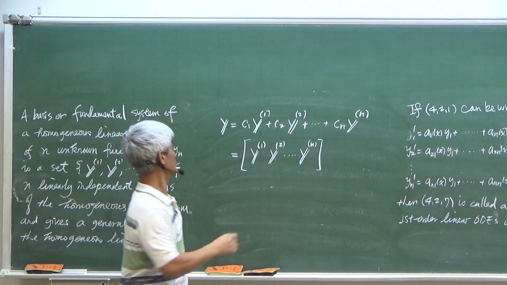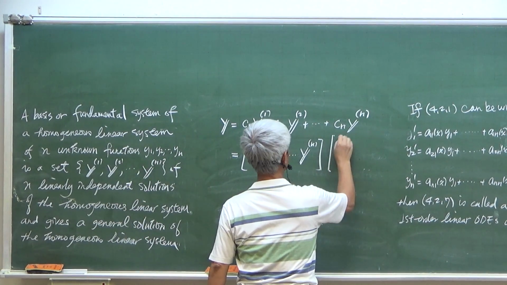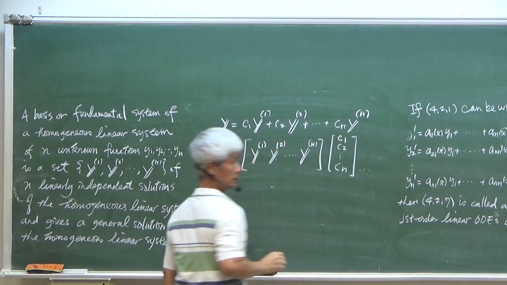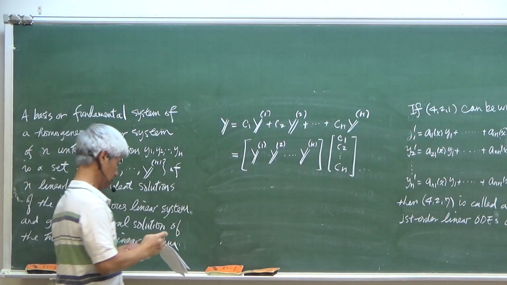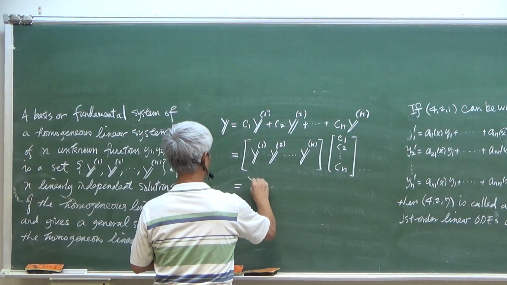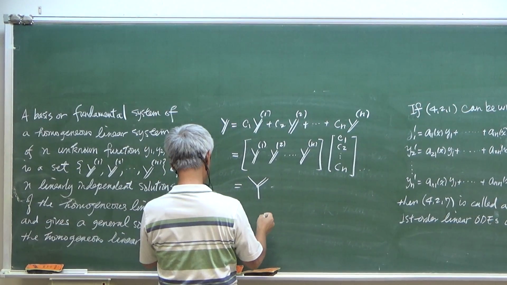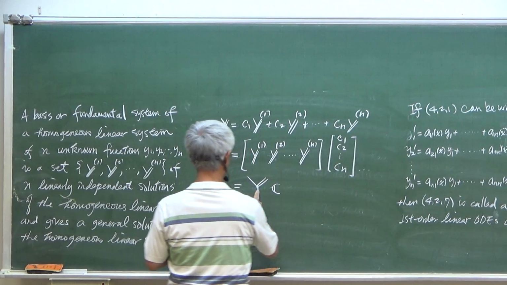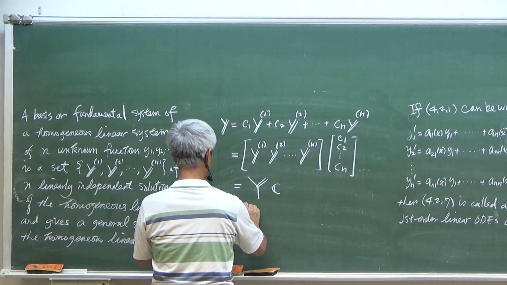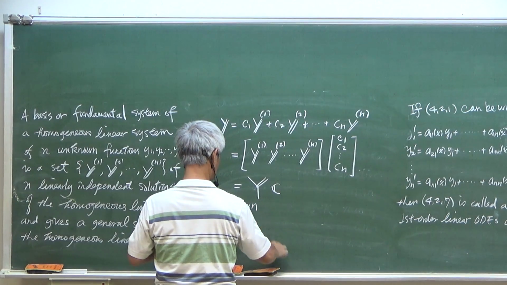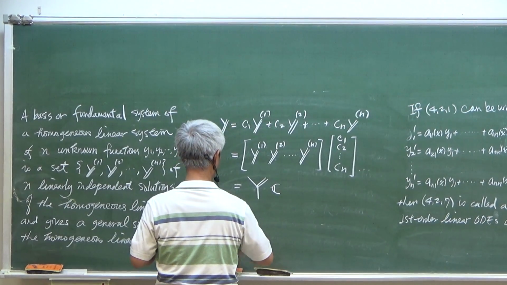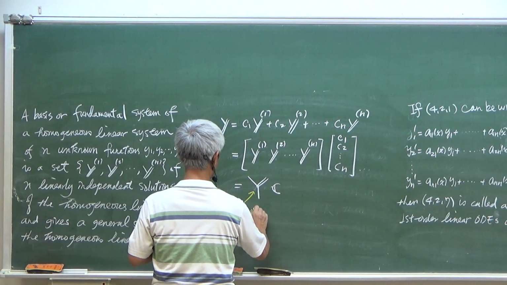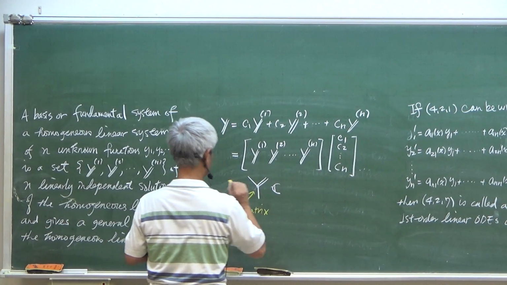And I put C1, C2, and this comes to the matrix and the constants. And this is n times n.